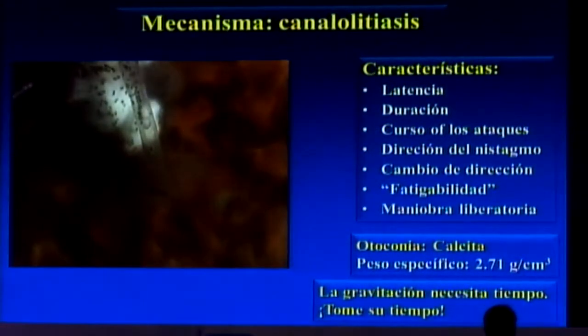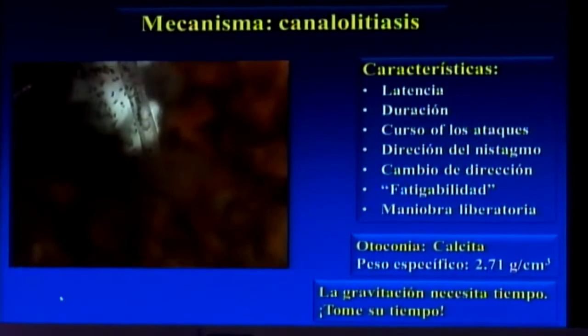Otoconia do not consist of plumbium or iron. As I said before, it's calcium carbonate, and they move very slowly. You're all familiar with BPPV diagnosis and treatment, so I just focus on the mechanism.